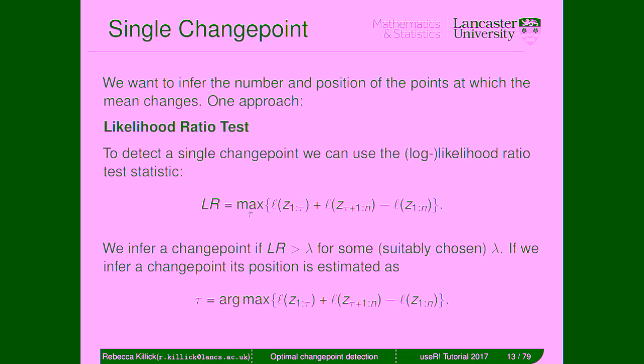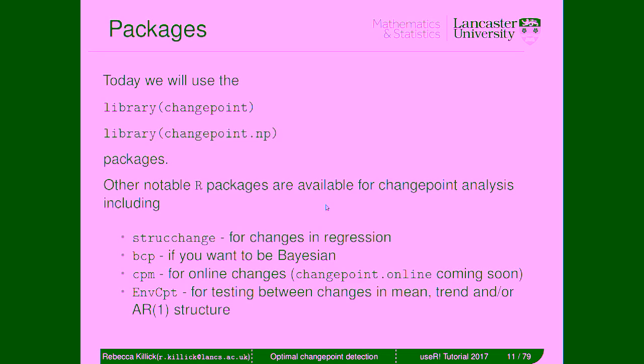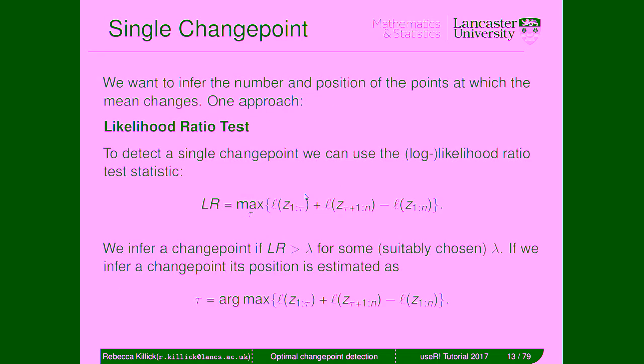One way that you can do that is with a likelihood ratio test. You're essentially doing a test between a model that has no change point and a model that has one change point. To do that, you basically split the data at the change point, because we're going to assume that the pre- and post-change data are independent. So you literally take the likelihood of the first half, the likelihood of the second half, and add them together.